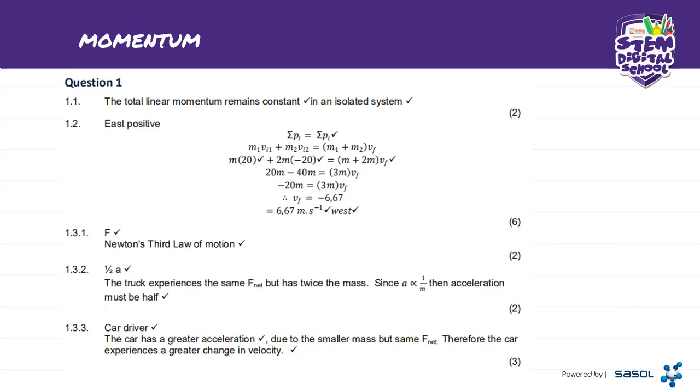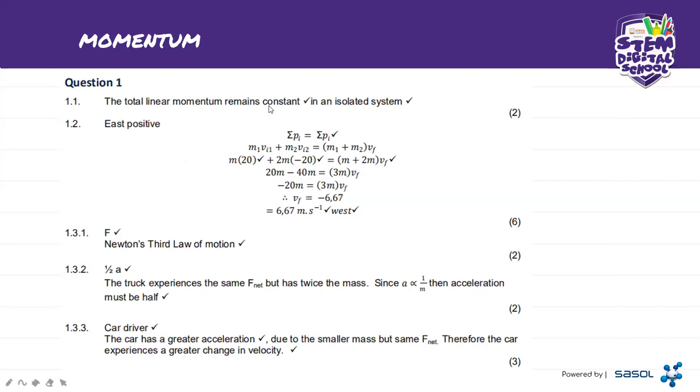So what do we know here? We know that P initial is equal to P final, okay? Or we can say that the conservation of momentum is that both of them are equal to each other, okay?